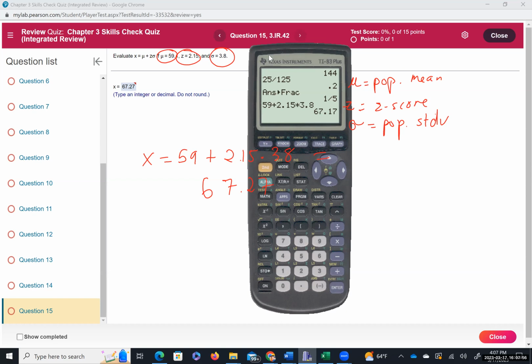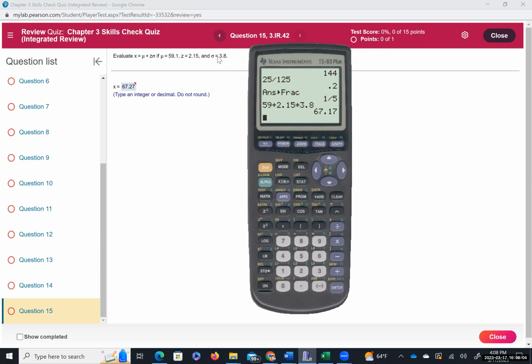Huh, interesting. Let me see what happened. Is the mean 59? Oh, 59.1. I missed the 0.1 there. Yeah, that's right. So that should be 67.27 correctly. So that's 59.1 plus 2.15 times 3.8. Enter. Here we go. You got it.